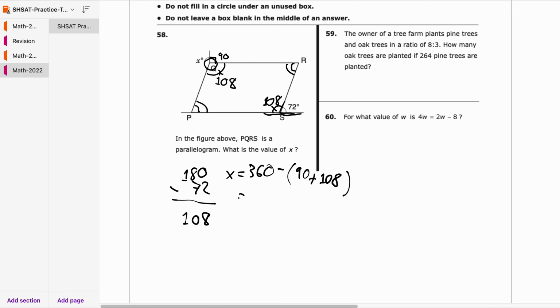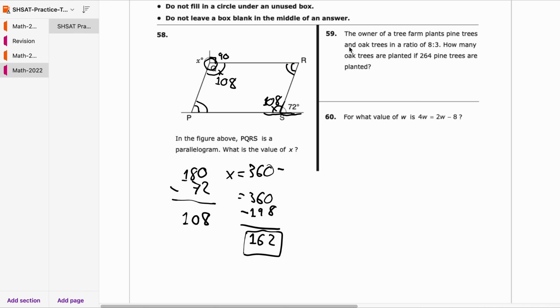And so that would be 360 minus 90 plus 108, which is 198. And so this would just be 162. And therefore x would be 162, and that would be your answer. So that problem was just a question of solving for angles basically.